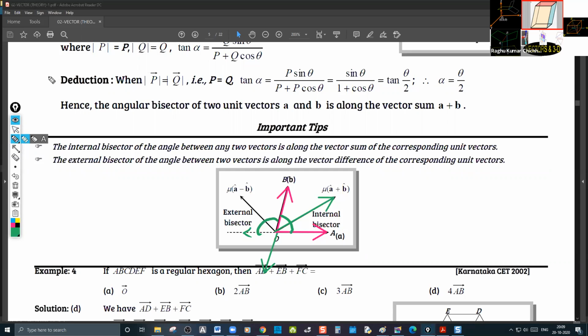So what is the conclusion here? Let me make you remember this well through the diagram. I'll draw it. Just take a vector, which is A bar.